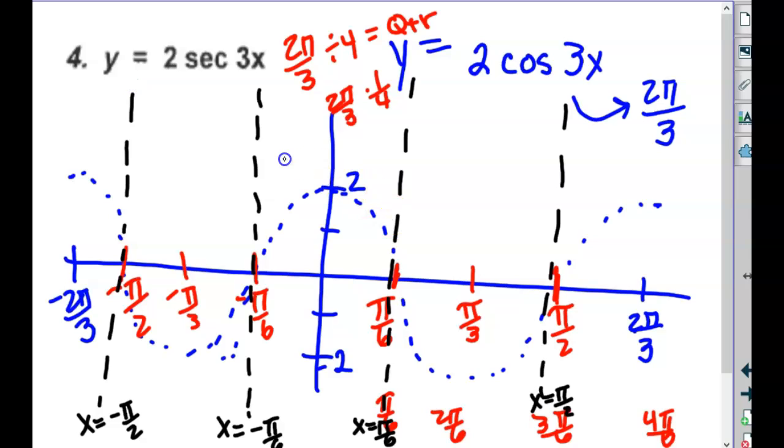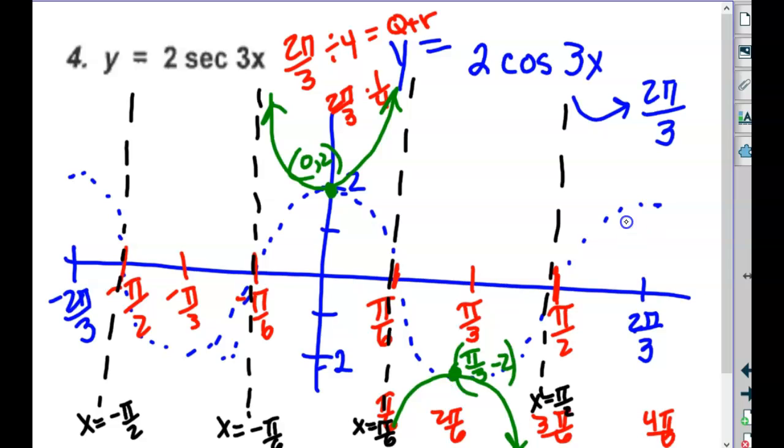I flip them all, so this little U shape here goes this way instead. And it has a minimum at 0, 2. This one here goes this way, and it has a maximum at pi over 3, negative 2.